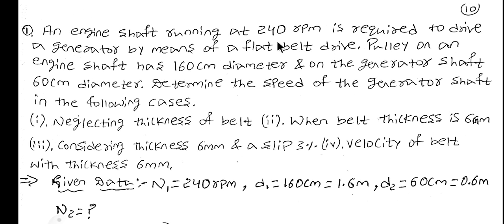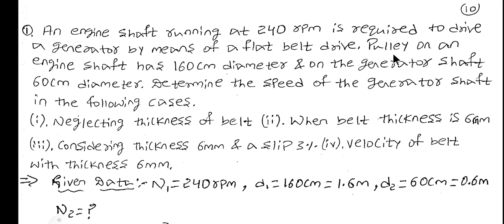First, I will write down the given data. It is mentioned that the engine shaft, which is the driver, is running at 240 rpm. The driver speed N1 is 240 revolutions per minute, and it is required to drive a generator by means of a flat belt drive.